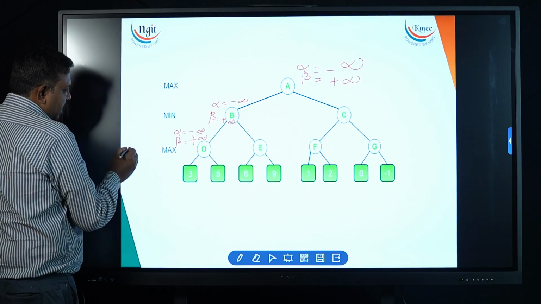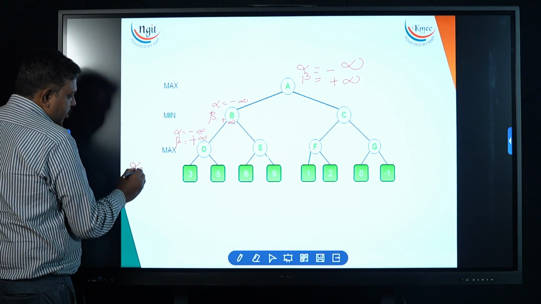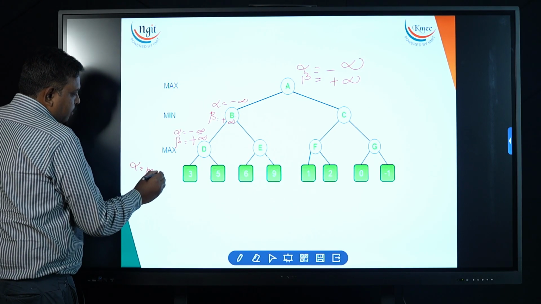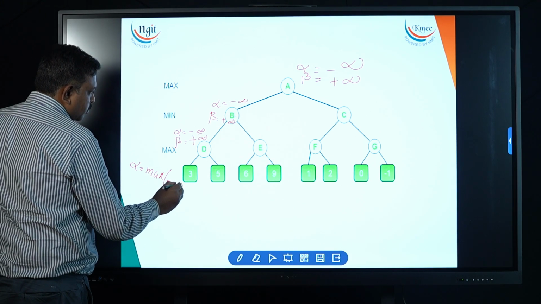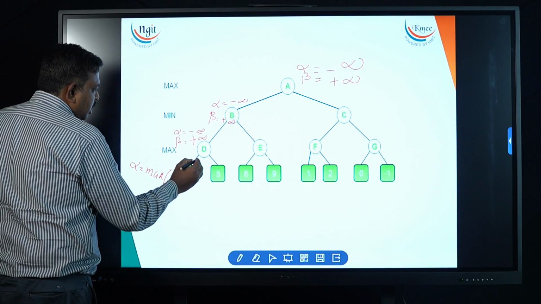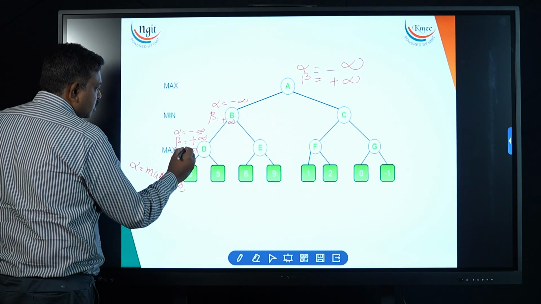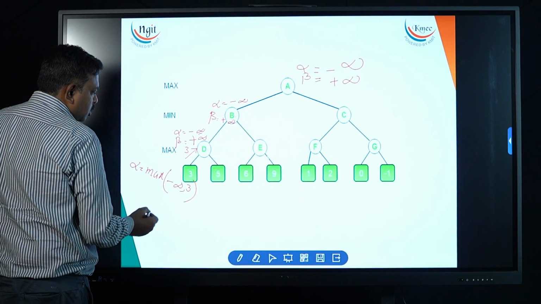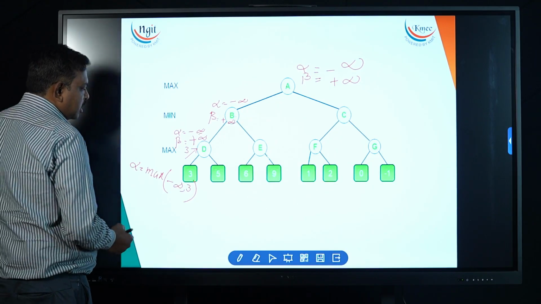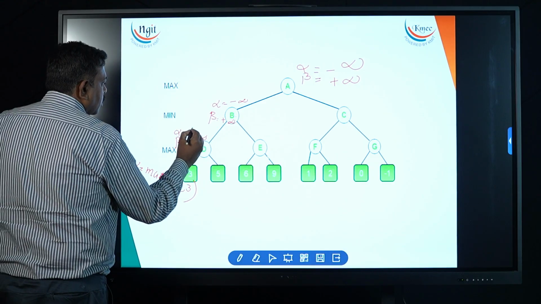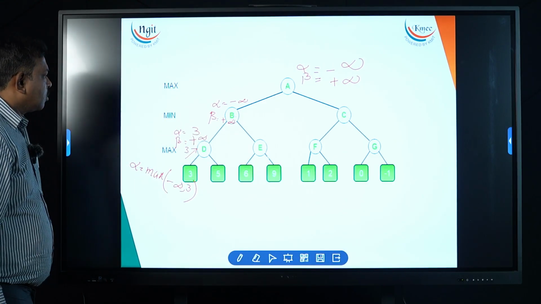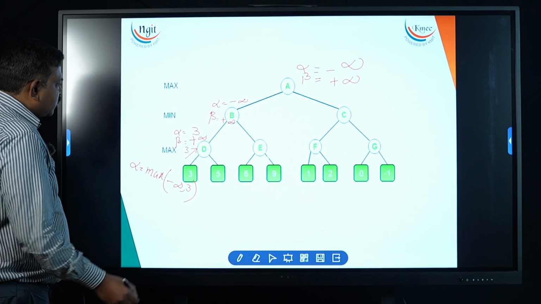Here I calculate alpha equal to the maximum of minus infinity and 3. 3 is sent to its parent. So the maximum of minus infinity and 3 is 3. Now alpha will become 3.